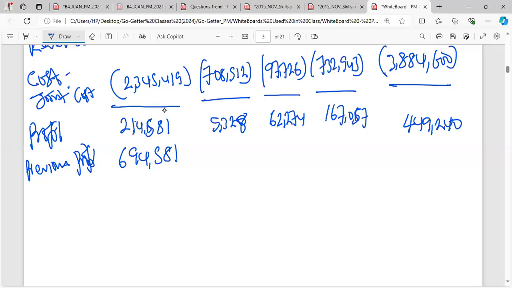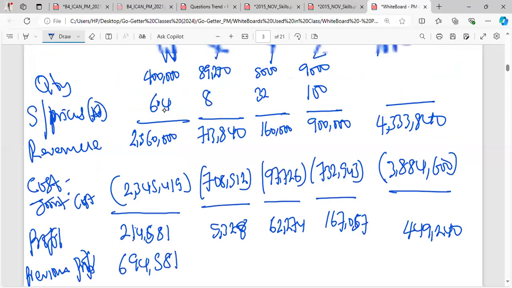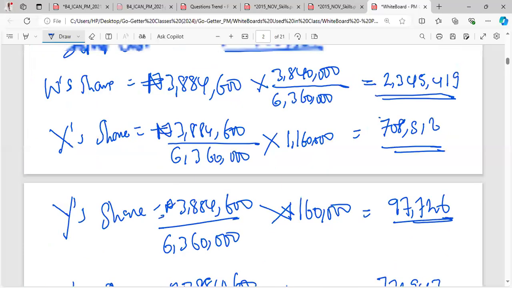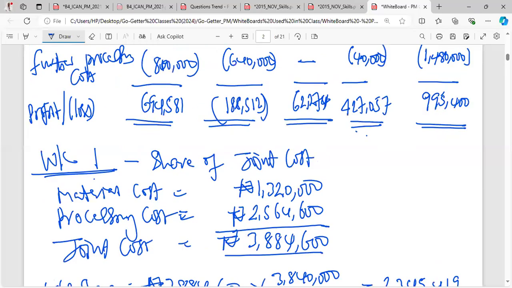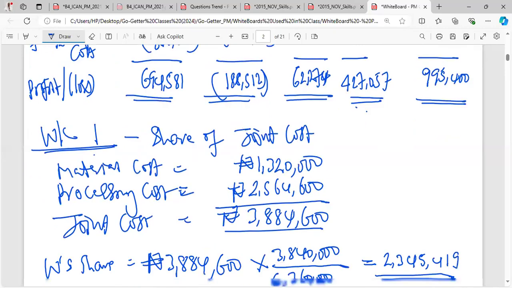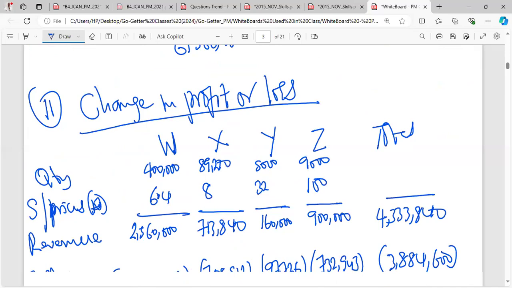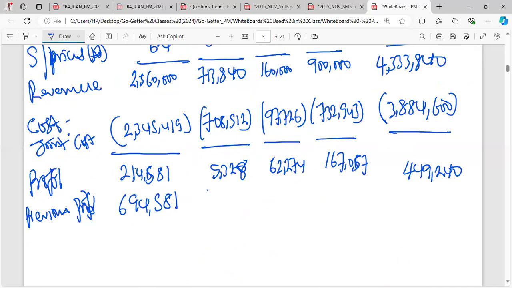The second one is a loss of 188,512. That's a loss.